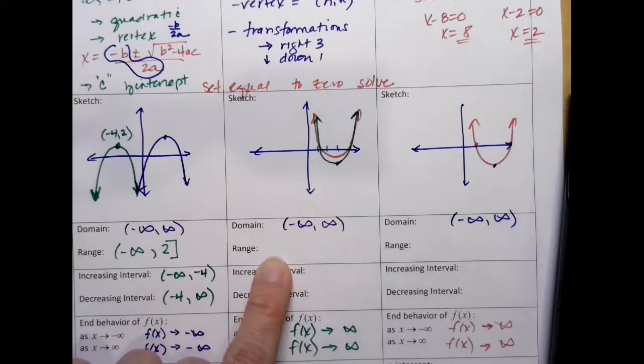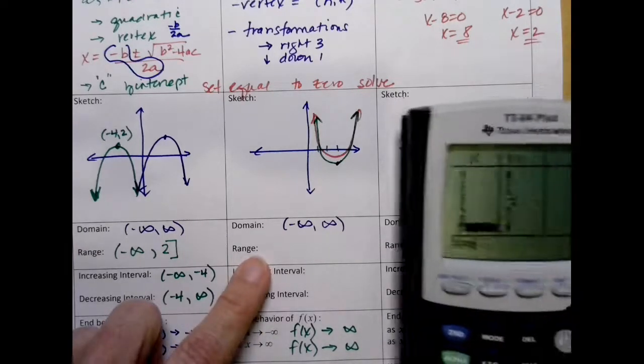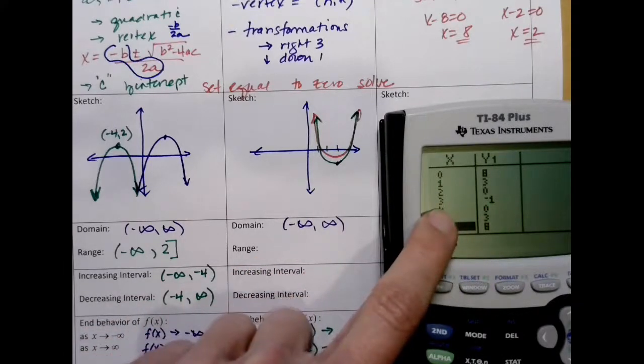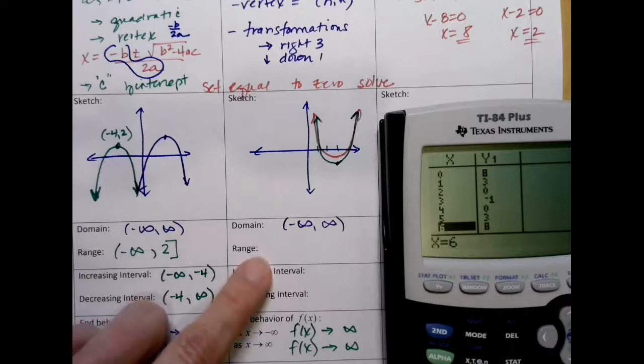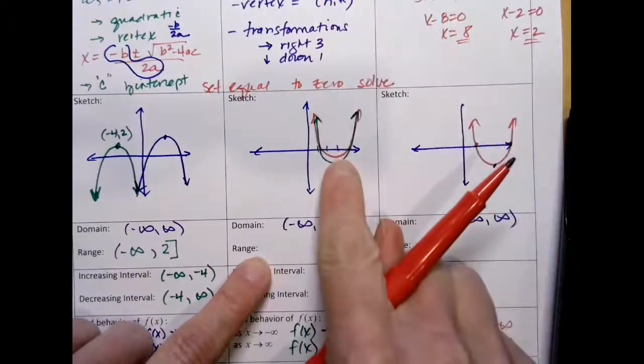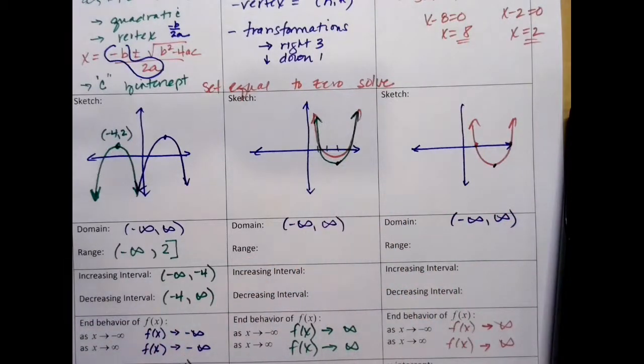My range. I guess we should find our vertex first. So when I use my calculator, I'm able to see that middle value, 3, negative 1. And of course we had it up here, over 3 down 1 for our vertex.